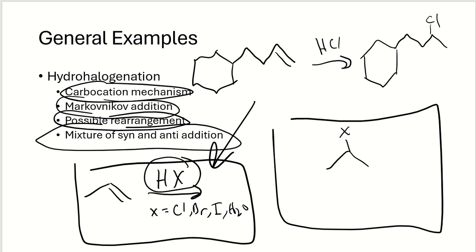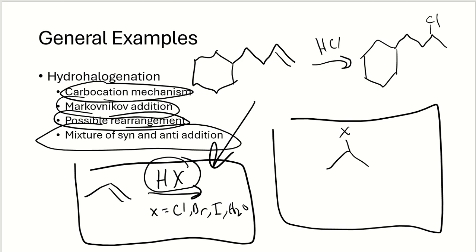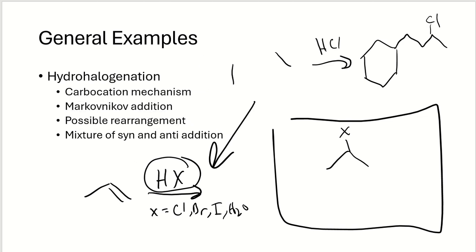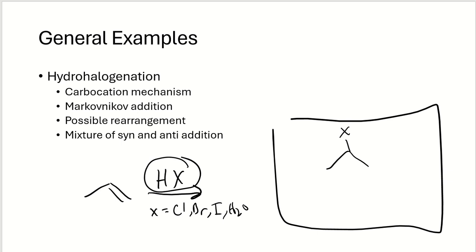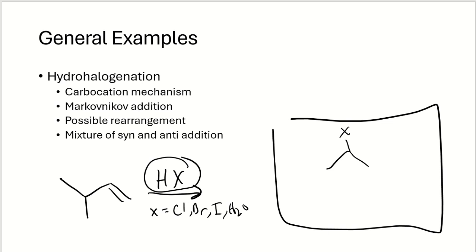And if you want to make an additional flashcard just to be safe, I would do one example in which you have no rearrangement, and then maybe do another example where you do. So your next flashcard might be something like this, and then the product would be that instead.